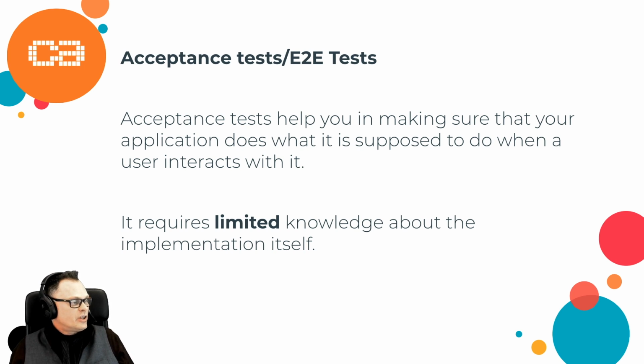because well, there's a definition here. Acceptance tests help you in making sure that your application does what it is supposed to do when a user actually interacts with it. And the last sentence is really important, because acceptance tests or end-to-end tests, whatever you want to call them, require very limited knowledge about the implementation itself, like how that application was built. The only knowledge you have to have is how to use the application, not how it was built.